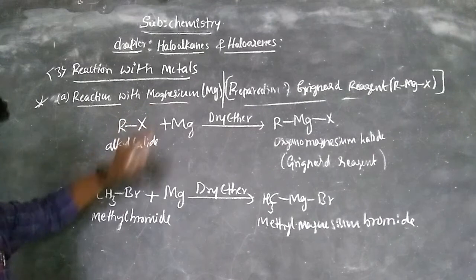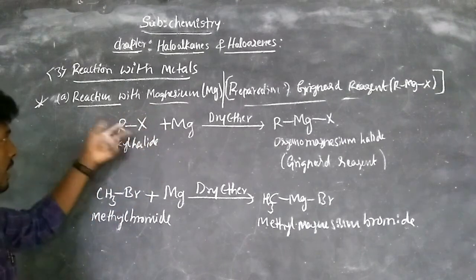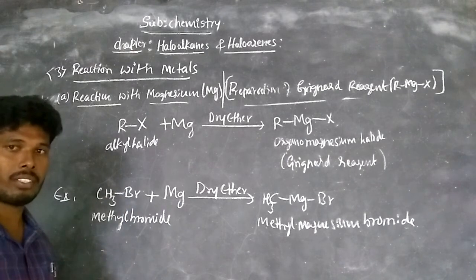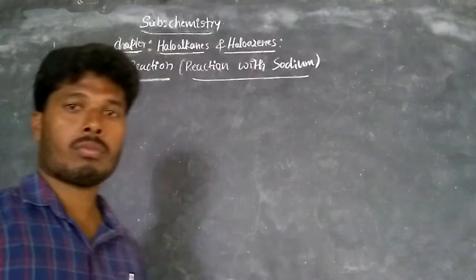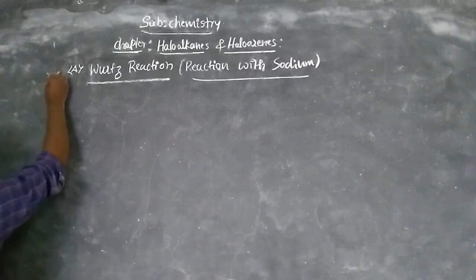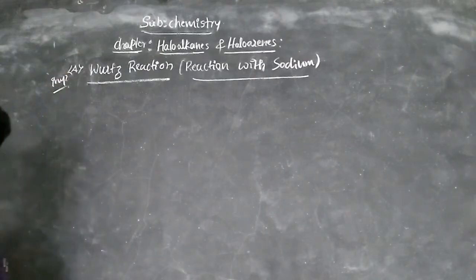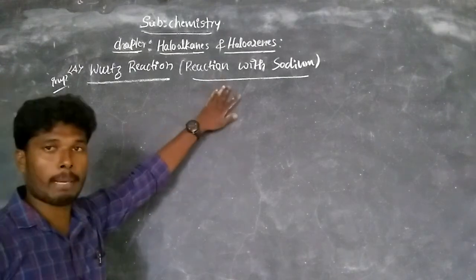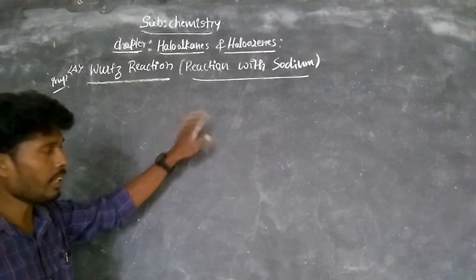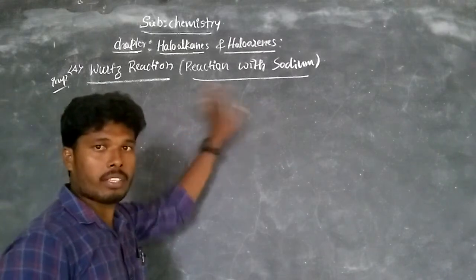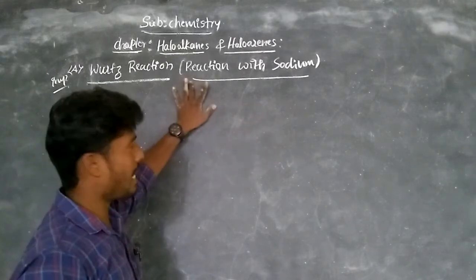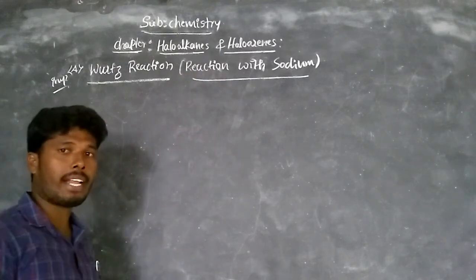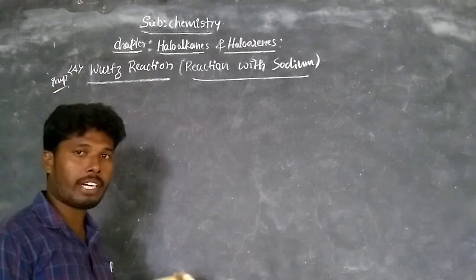So this is the method of preparation of Grignard reagent, a chemical property of alkyl halides, that is reaction with magnesium. Then the next one, reaction with sodium, also called Wurtz reaction. Very important, Wurtz reaction. In this Wurtz reaction, alkyl halides are treated with sodium metal in presence of dry ether to get higher alkanes. This whole process is called Wurtz reaction. Already we have studied reaction with magnesium, the preparation of Grignard reagent.